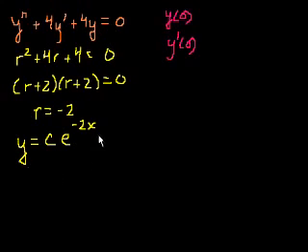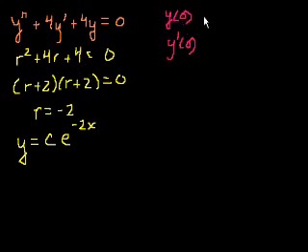Now the problem with this solution and why it's not the general solution is if you use one of these initial conditions, you can solve for a c, right? You'll get an answer. But then there's nothing to do with the second initial condition. And in fact, except for only in one particular case, whatever c you get for the first initial condition, this equation won't be true for the second initial condition.